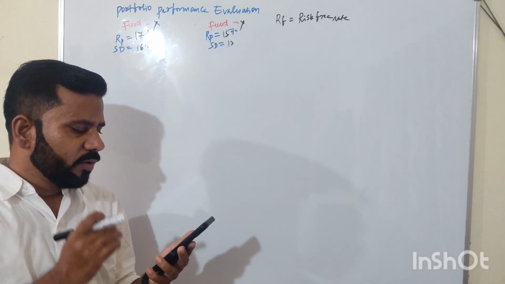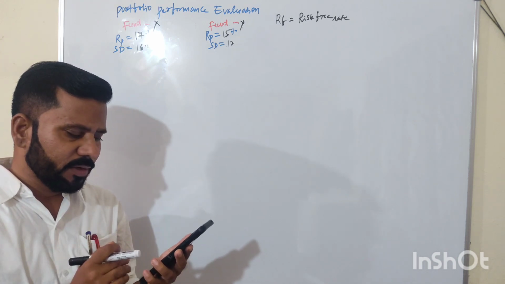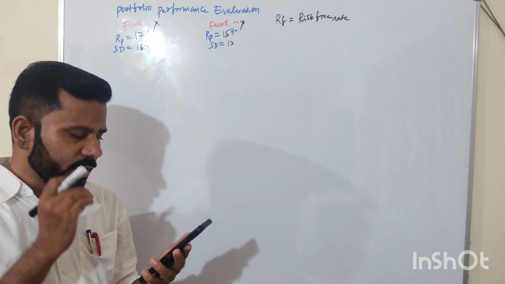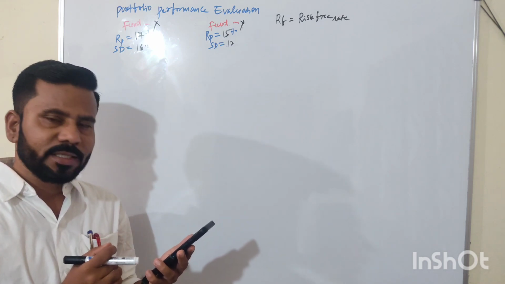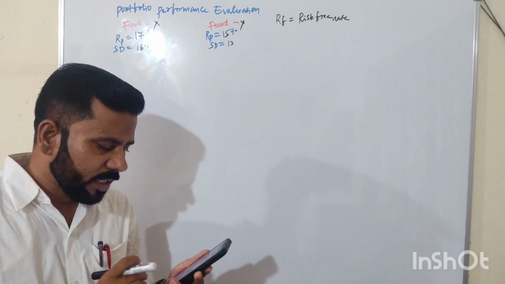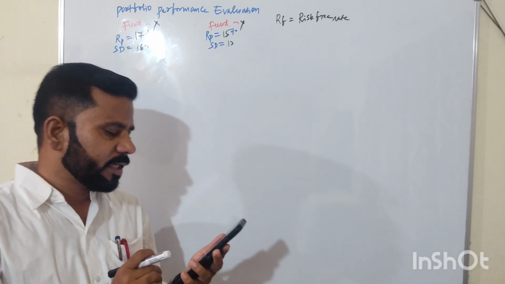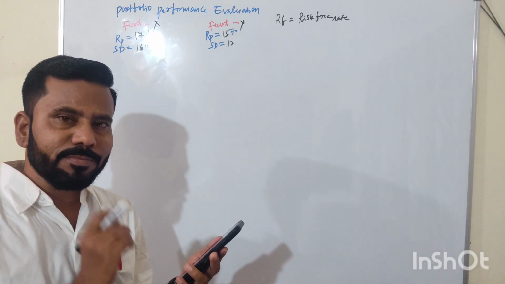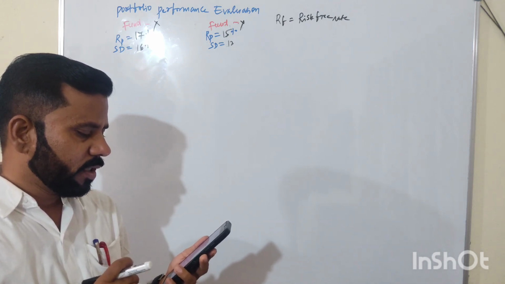When the standard deviation information is given, risk-free rate is given, and portfolio return, that is average return, is given, we should easily understand that this problem is based on the Sharpe index or Sharpe ratio.